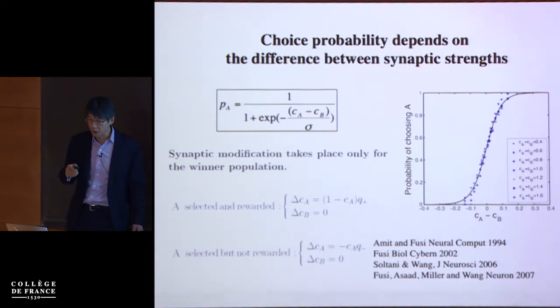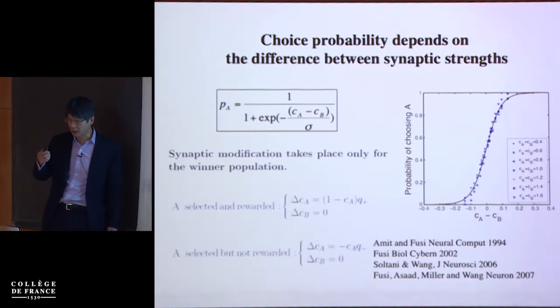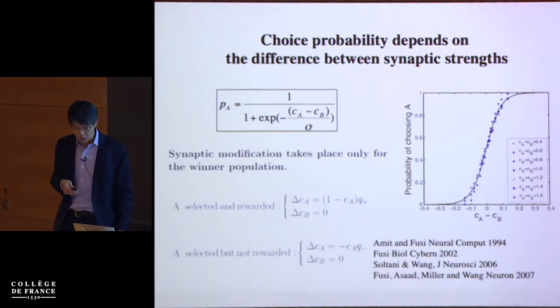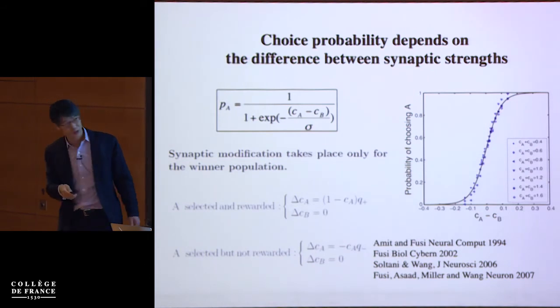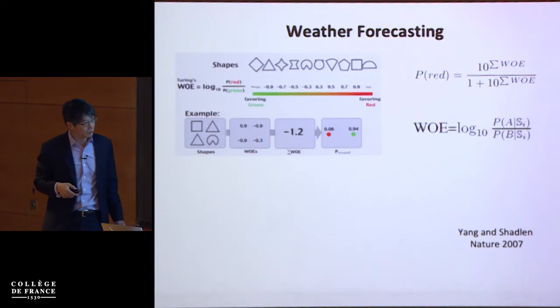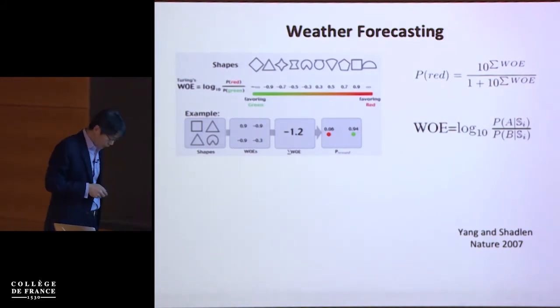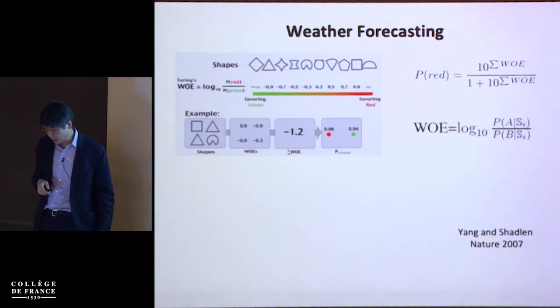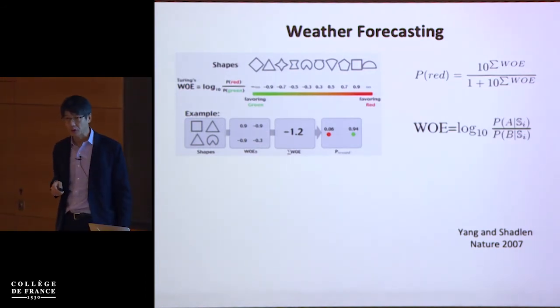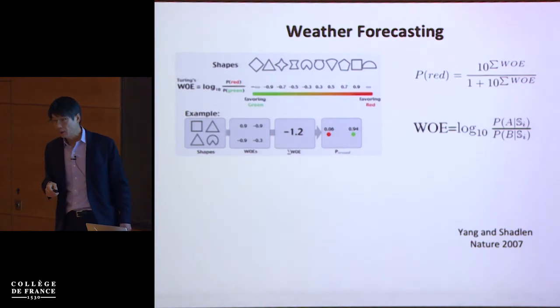Now, let me show you that just this single learning rule applied to the decision circuit model can even explain Bayesian type computation. So this is again the same team by Mike Shadlen. Here they trained monkeys to perform what's called a weather prediction task.